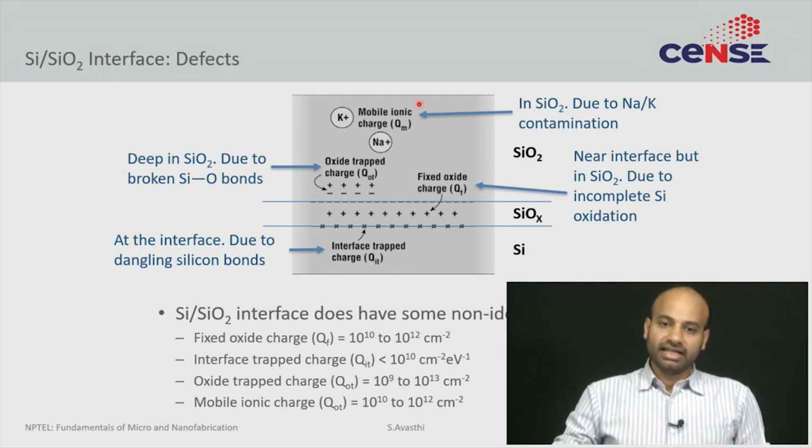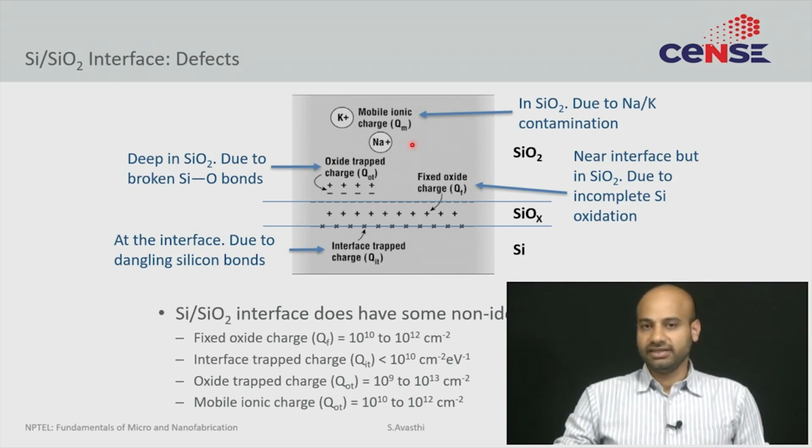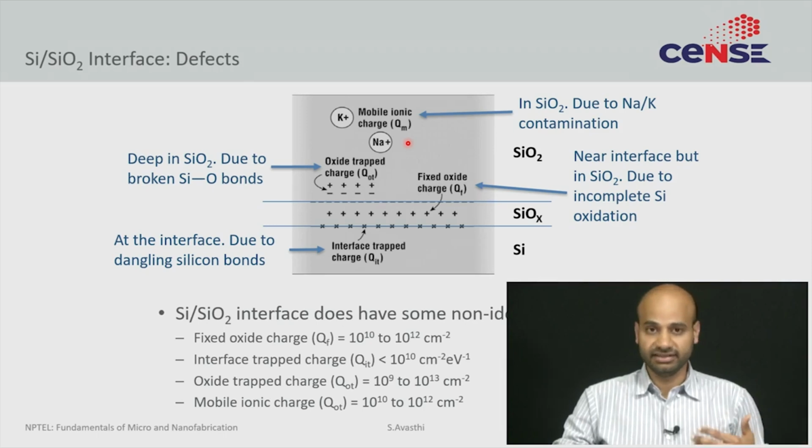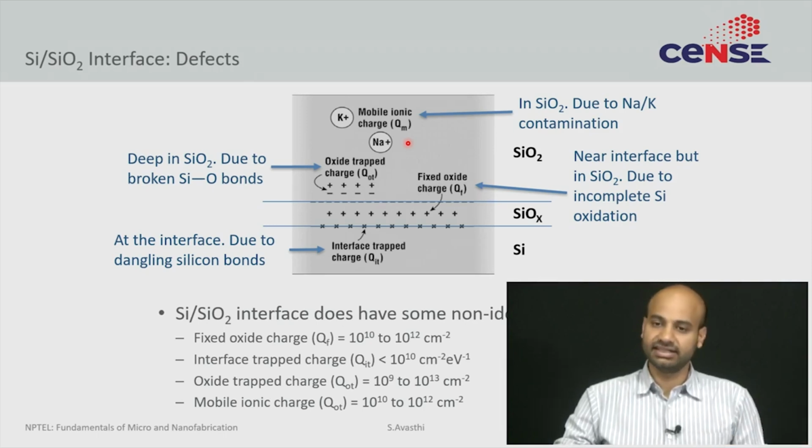Whatever that ionic contamination is would cause some defects. I think we touched upon what type in the first lecture, in the introduction. They can cause transient effects, hysteresis, and drift in the characteristics of the devices. So, primarily these are the 4 types of defects we have to worry about at the silicon dioxide interface.